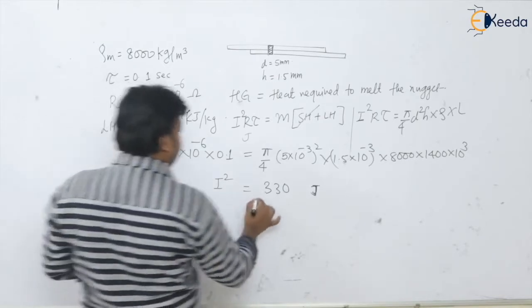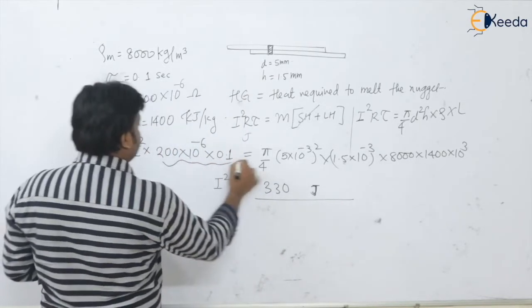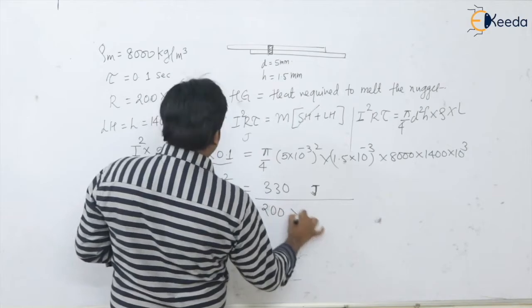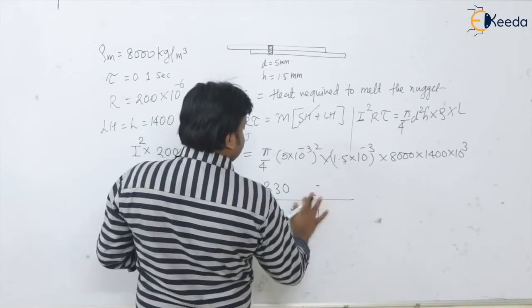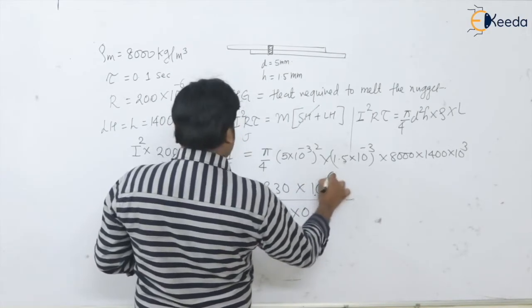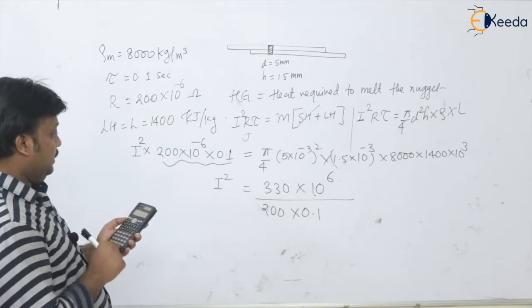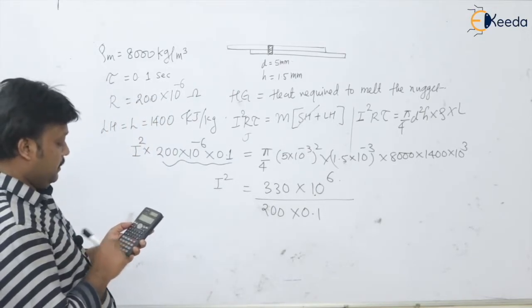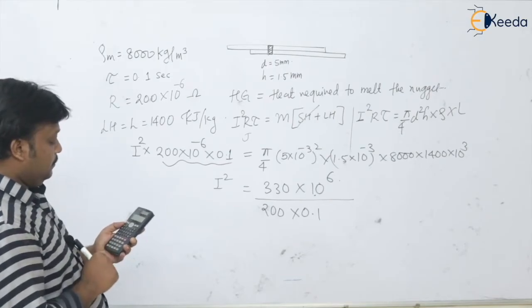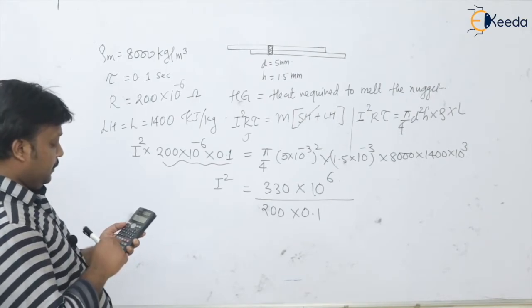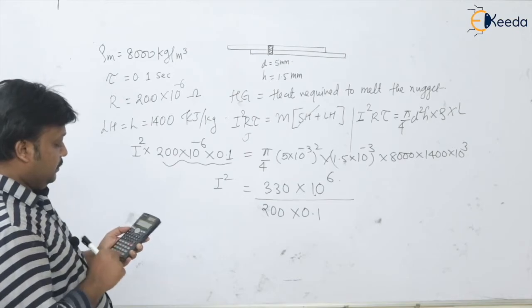So divided by 200 into 0.1 into 10 to the power minus 6.